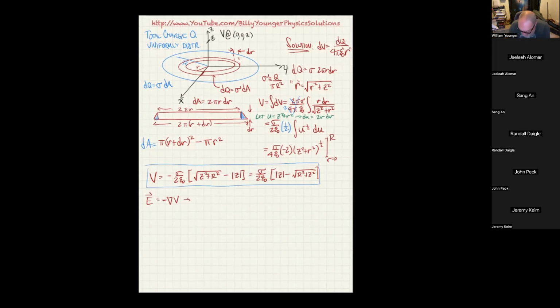In this case, we're only in terms of z because we're along the z axis. So we can say E sub z is equal to the negative partial of V with respect to z. So let's compute the partial of V with respect to z. Well, the sigma over 2 epsilon naught is going to stay.